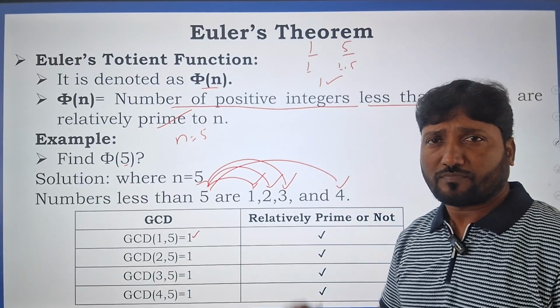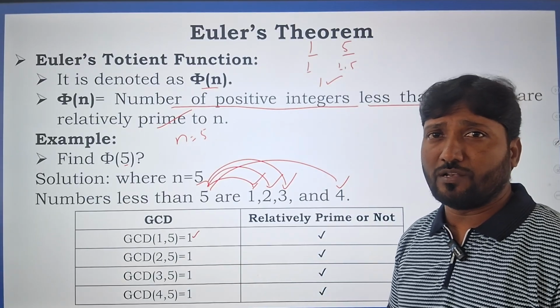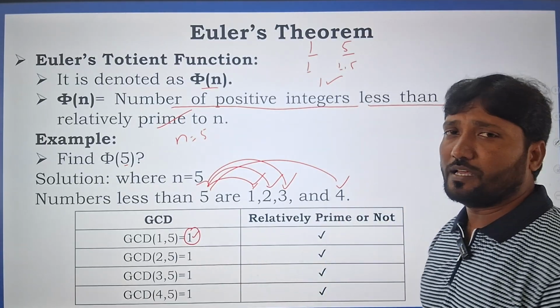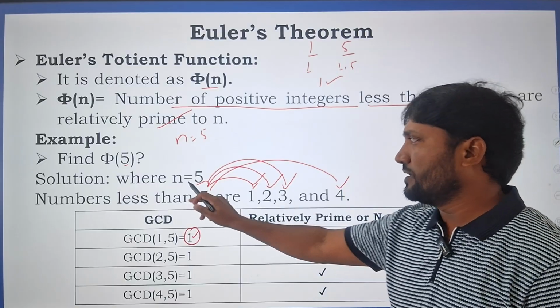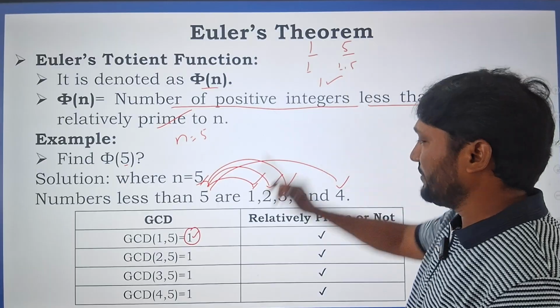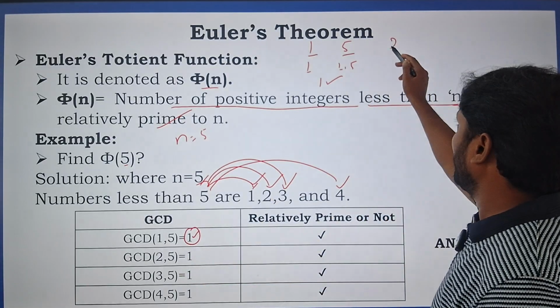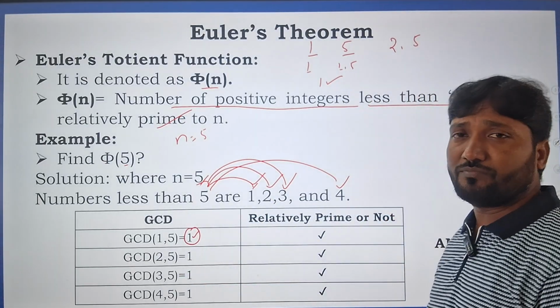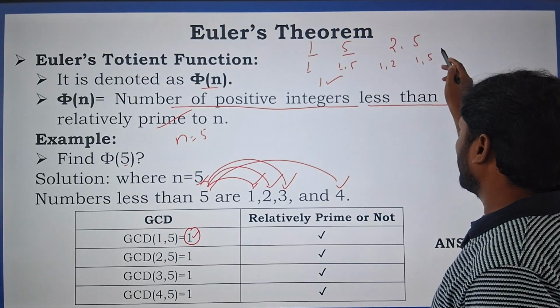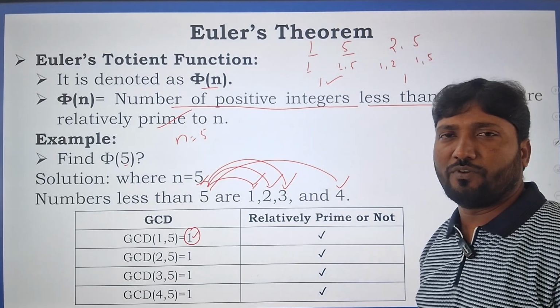To calculate the phi of n value, the GCD must be 1, then that number can be considered relatively prime to that particular n. The second one is 2 comma 5. The divisors of 2 are 1 and 2, and of 5 are 1 and 5. The common value is 1.